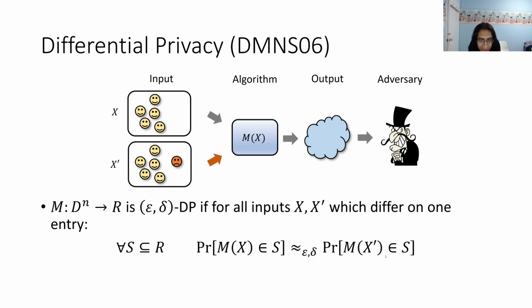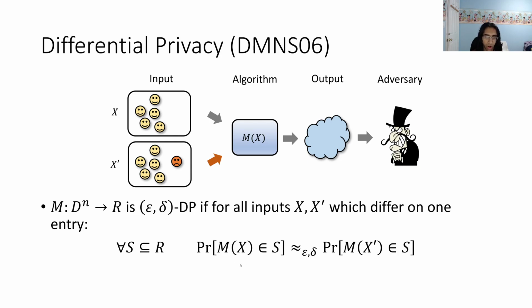Let me say it a different way. We're saying that the probability distribution of M on X is very similar to the probability distribution of M on X prime. We have to be a little more precise about what it means, like the probability of falling in some set, and what it means by close. We're going to define that in the next slide.